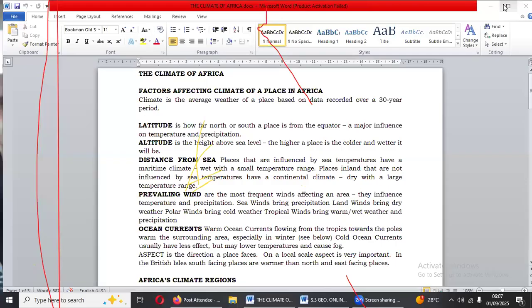We rather receive dry conditions. So we need to see what are those factors bringing such changes.